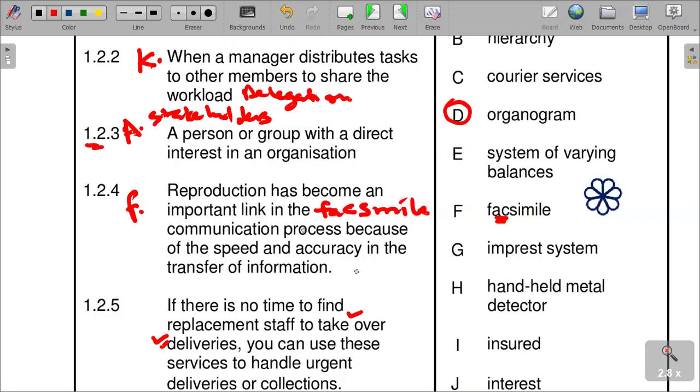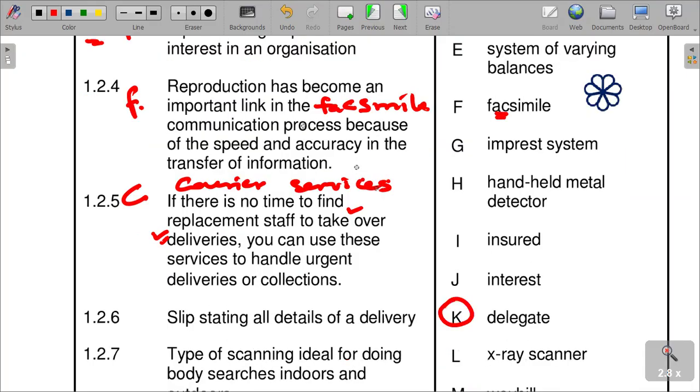When we talk about collections, we talk about courier services. That is C, courier services. Courier services are used where we send things overnight, depending on the speed and whatever contract or movement of deliveries they can do.